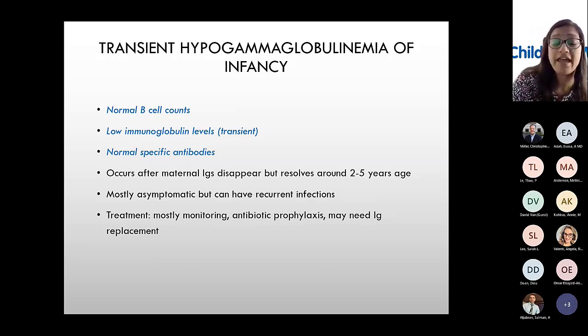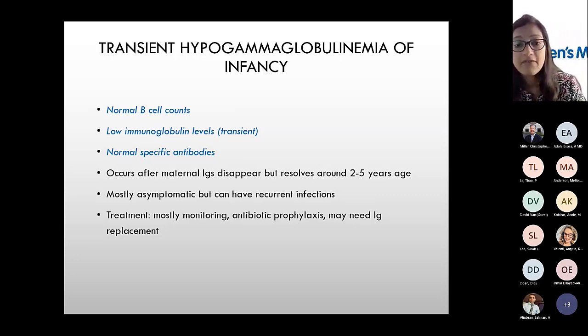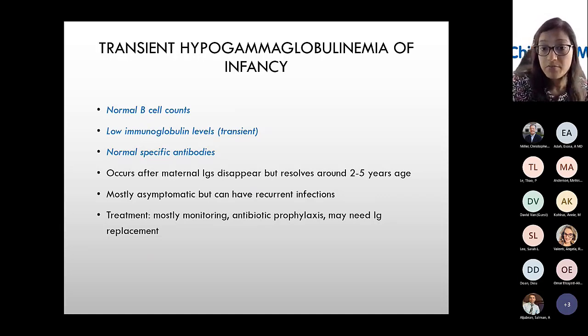If that job is delayed and the immune system doesn't do a good job initially, they can have low immunoglobulin levels, but the immunoglobulins that they make are normal functionally, so they can make good response to vaccines. And that can continue till 2 to 5 years of age and should resolve by that time. Most of these patients are asymptomatic, but they can have infections and then sometimes can need similar treatments as for other antibody deficiency.